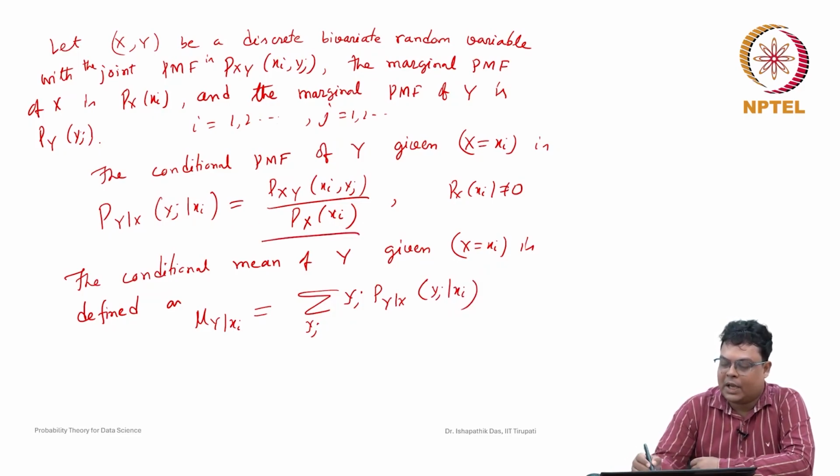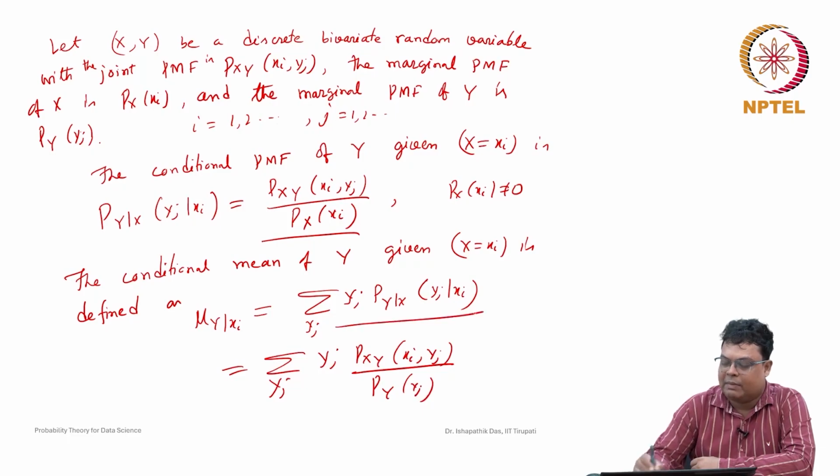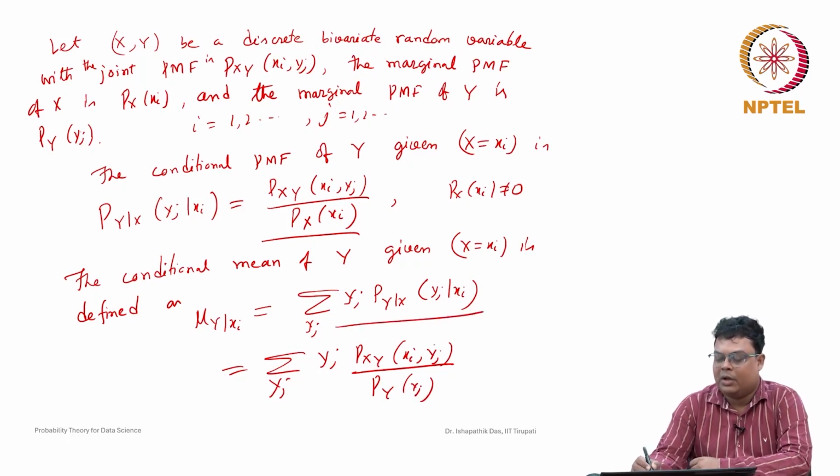We can find this conditional probability mass function first, and then compute the sum, or more precisely write it as p_XY(xi, yj) divided by p_X(xi). This is the definition, whichever is convenient.